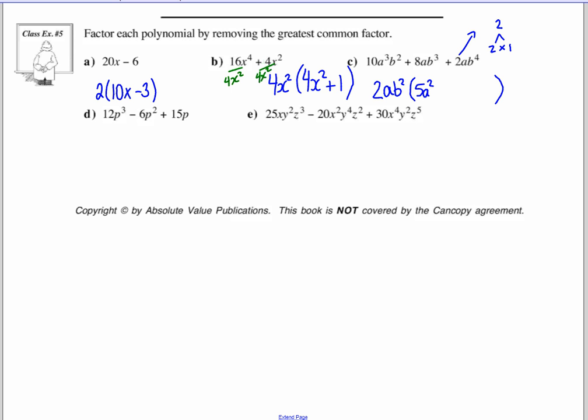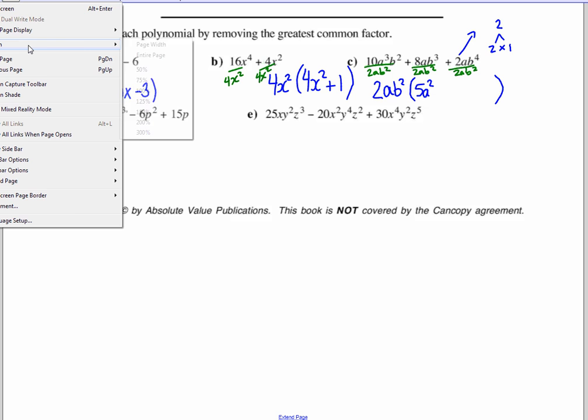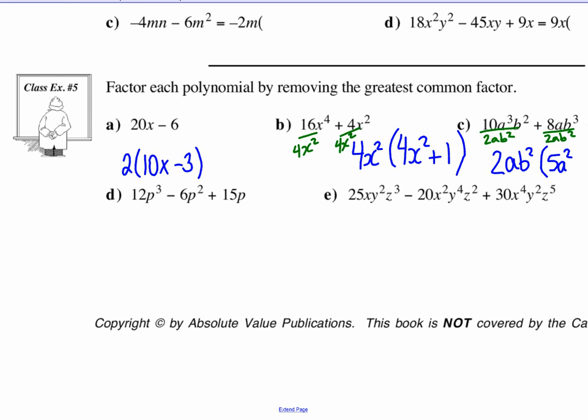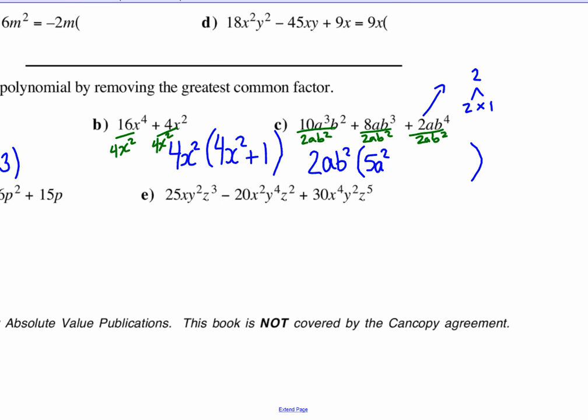It's gone. Okay, so it might help you to write divided by 2ab squared, divided by 2ab squared, to figure out what's left over in the brackets. Should I make that bigger? Yep. Go big or go home, right?